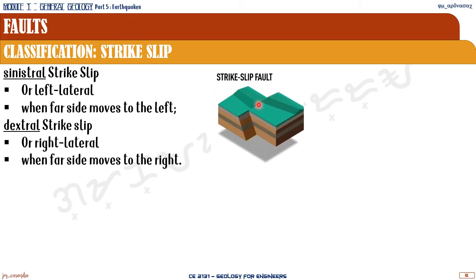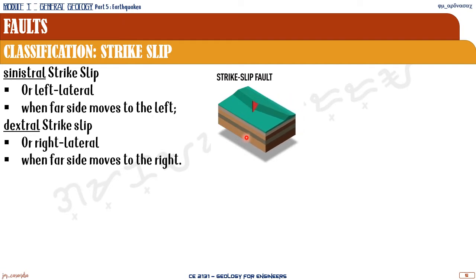So basically, the boundary between them is a transform boundary. So they are moving parallel to the line of the fault. So in this animation, this is now an example of a left lateral or a sinistral strike slip.